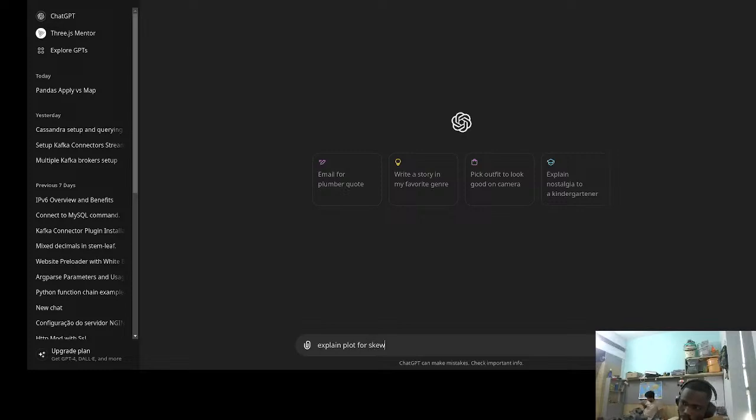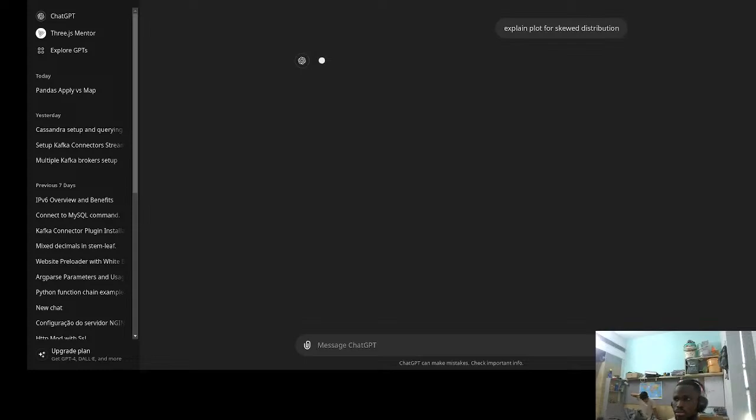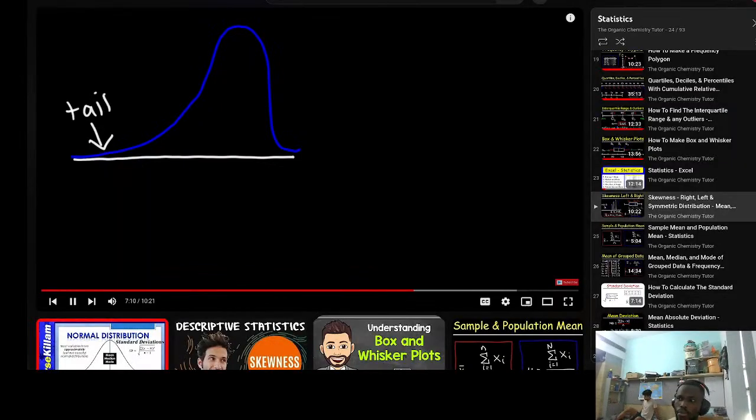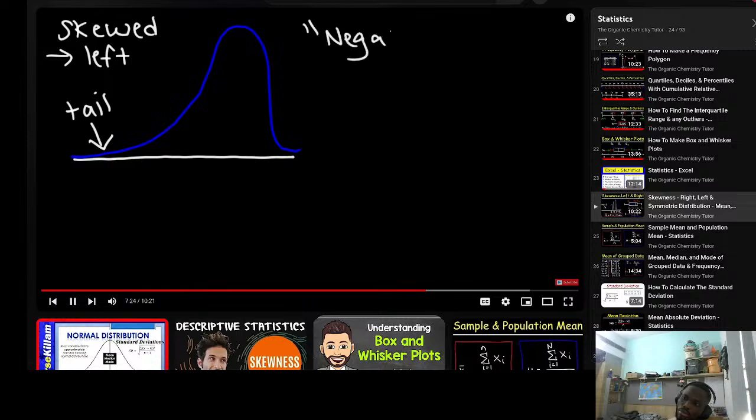Now let's talk about the third distribution that you need to be familiar with. In this case, notice that the tail of the data is on the left side. So therefore, we can say that this particular distribution is skewed to the left. Some textbooks will refer to this as a negative skew.